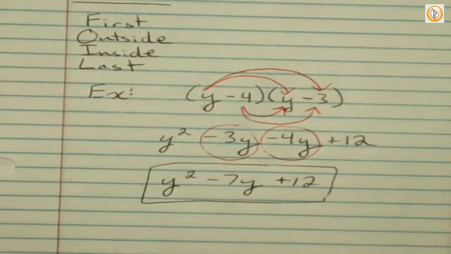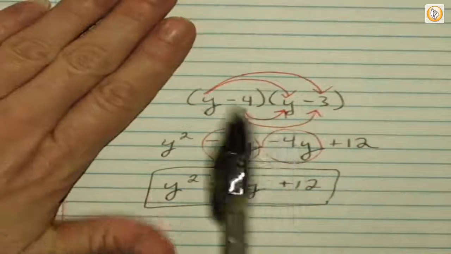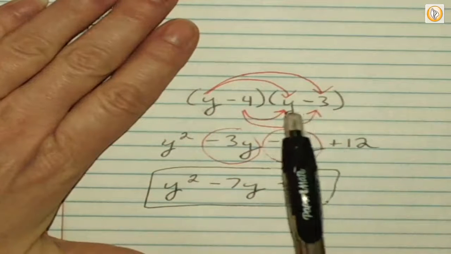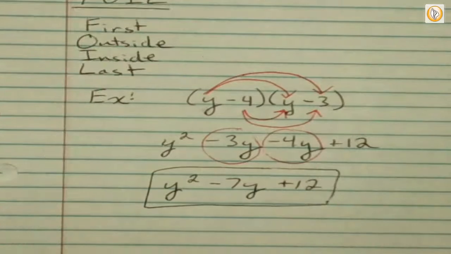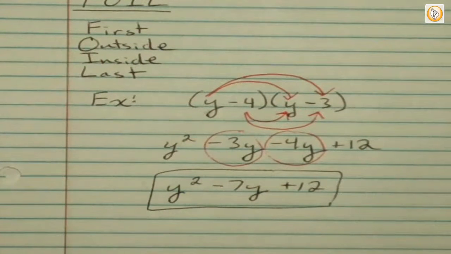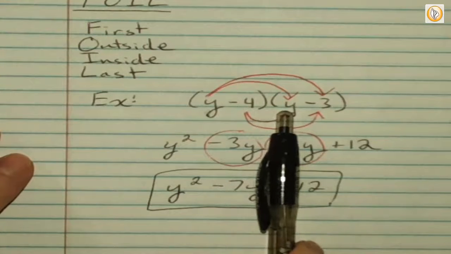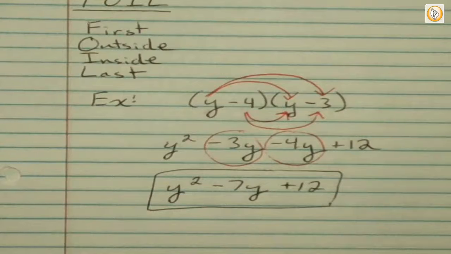Now, boys and girls, let's say you're sitting there thinking, yesterday I did this and I didn't have any rules to follow. I just did it. And then today I introduced FOIL. First, outside. What if you switched it? What if you did inside, then last? Do you think you'll get a wrong answer? No. You could do LOIF instead of FOIL.